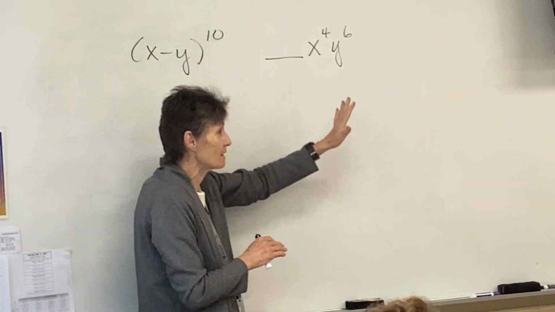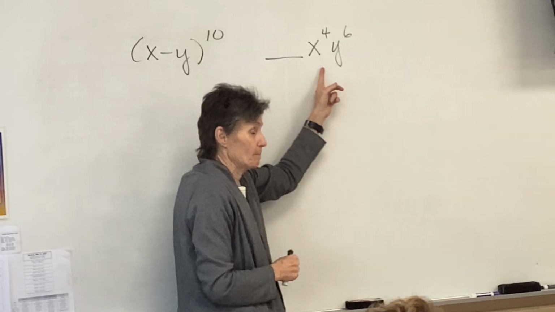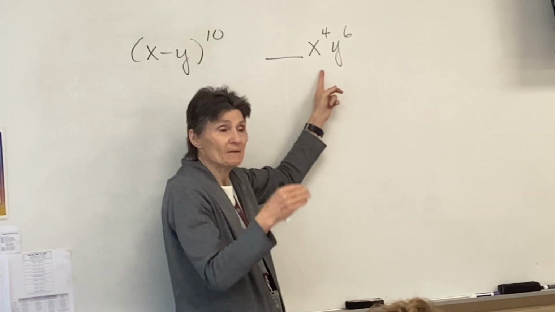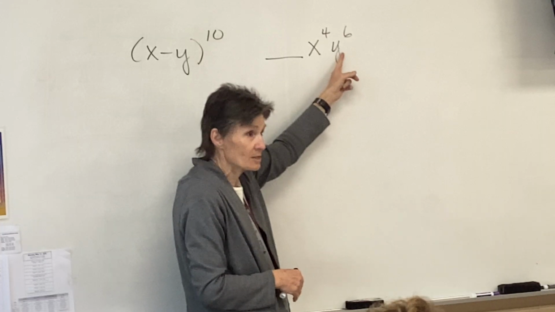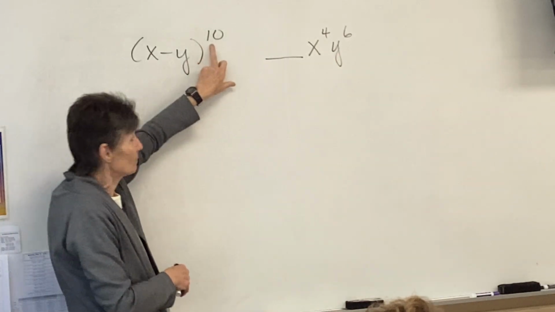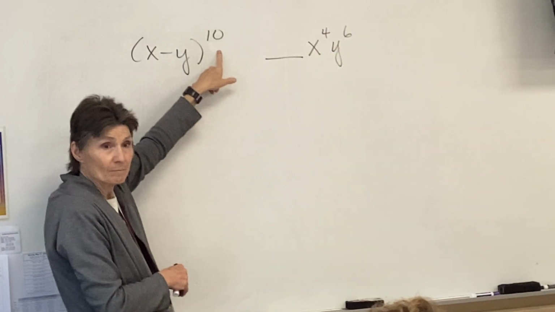So eventually in the list, we'll get down to an x to the 4th. And of course, if it's x to the 4th, it has to be y to the 6th, because these powers will always add up to that.